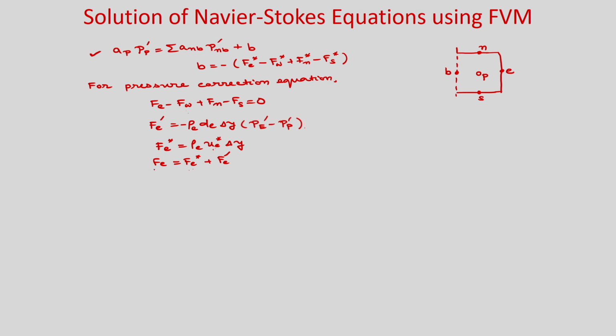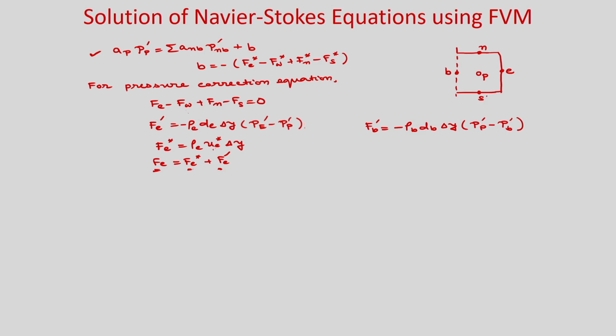So, you can see that we have written the mass flow rate in terms of the star quantities plus the correction quantity. Now, for this boundary, F b prime is equal to rho b d b delta y, times P p prime minus P b prime.